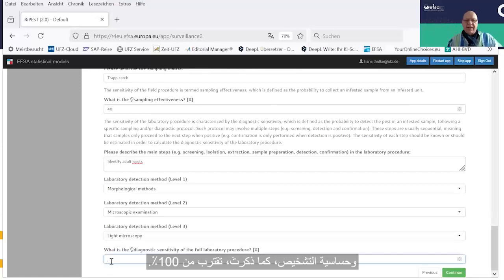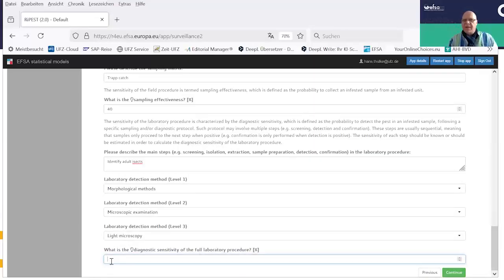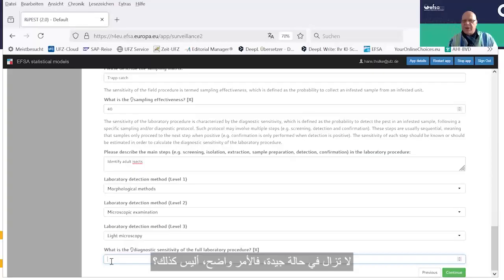And the diagnostic sensitivity you said is nearly 100%. How is that possible? Yeah. So I think we could take 98% to consider that it's not 100% effective. So when the insect is still in a good condition, then it's quite straightforward, right?